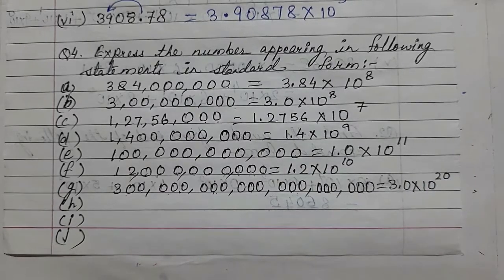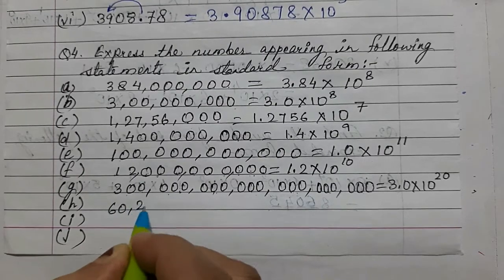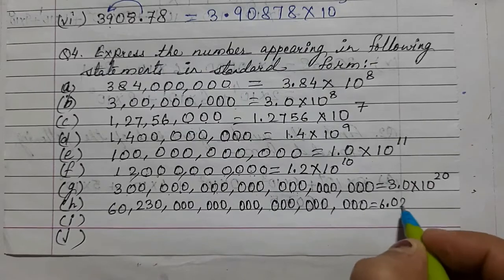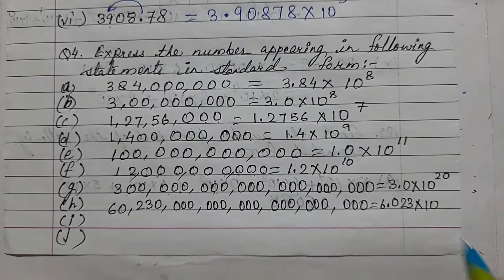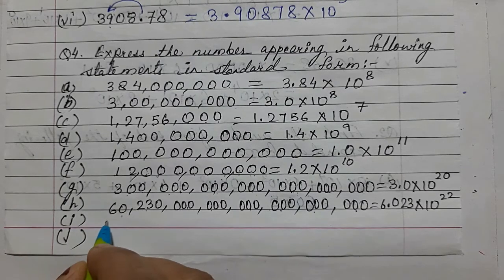Next, 60230. So it will be 6.023, 10 to the power 3, 6, 9, 12, 15, 18, 21, 22. So 22. It is coming just before this 0. So 22.